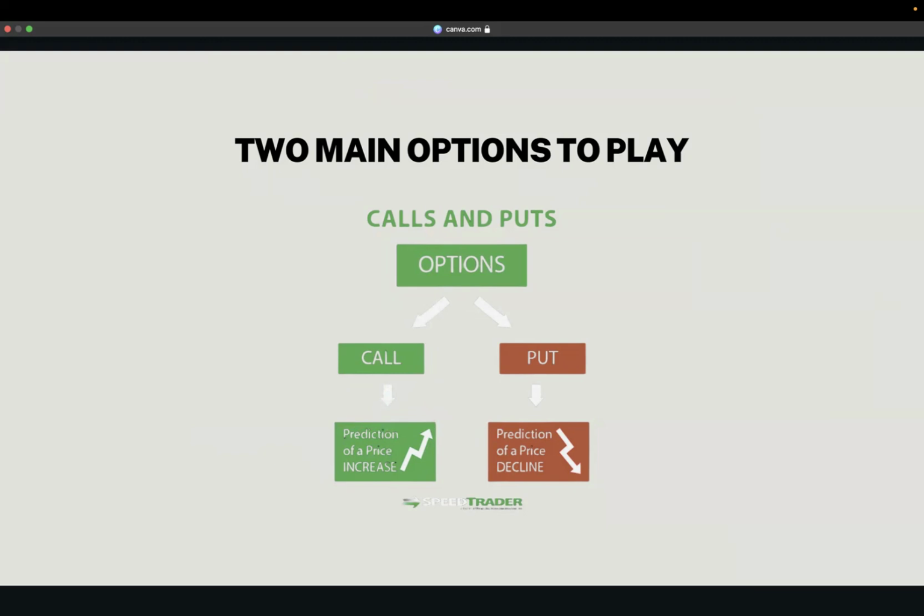It doesn't have to get to the strike price that you put. Strike price is the contract that you actually buy. You buy a, say, Apple, and we'll show on the actual broker a little bit later. But there's a strike price that you buy a contract at, and it doesn't have to get there; it just needs to head in that direction.